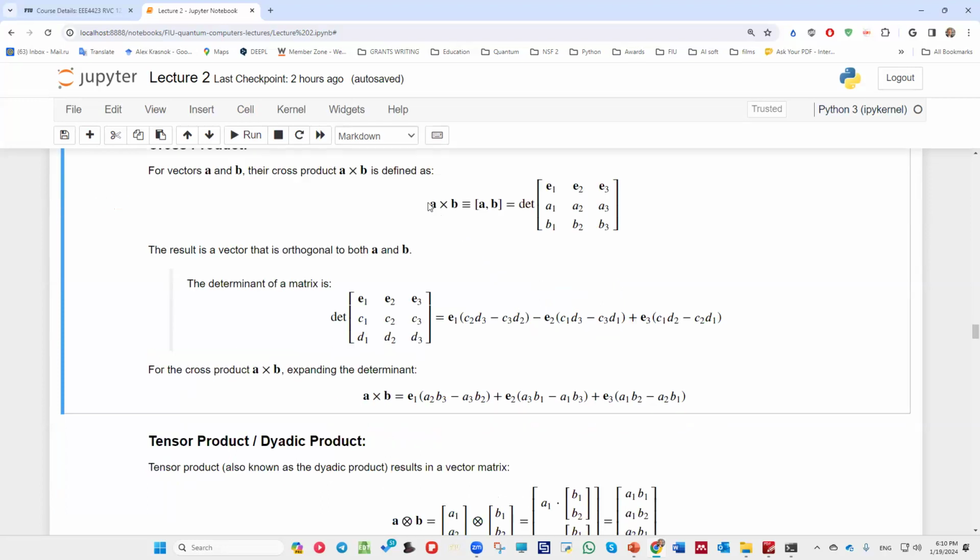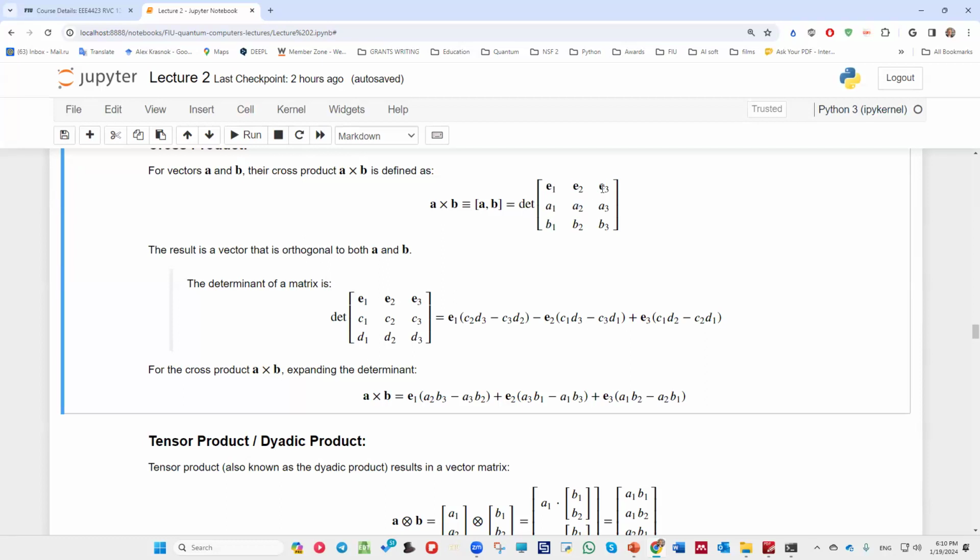This is the way it's written. Usually A cross B, or with square brackets A comma B. And essentially, this is the determinant of such a matrix, right?